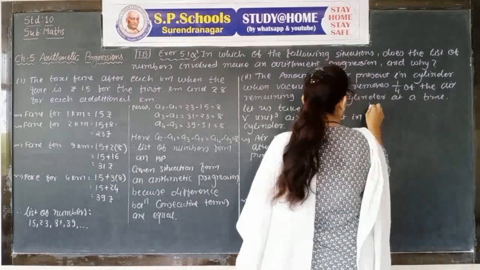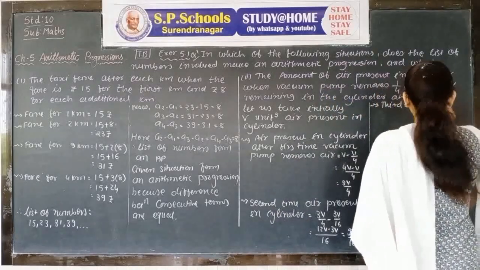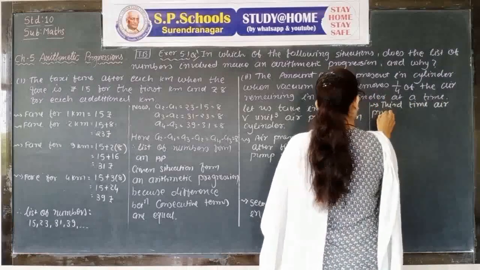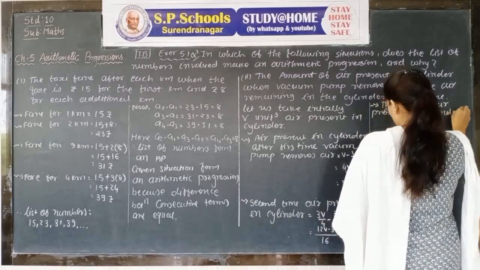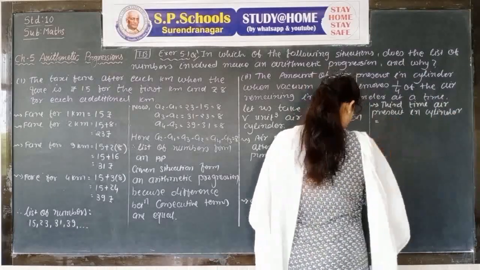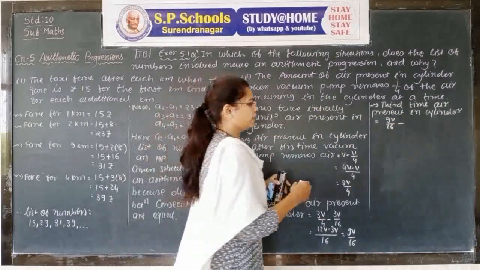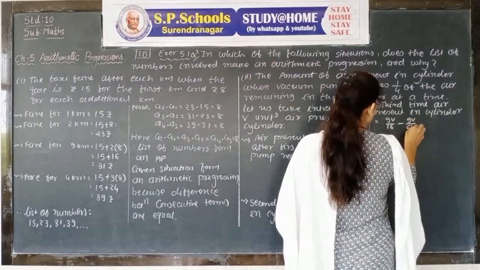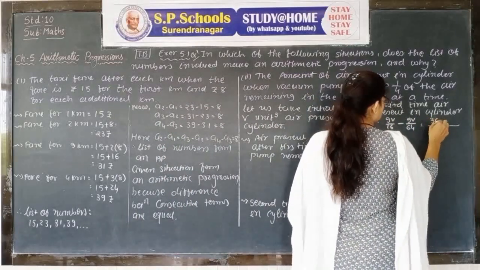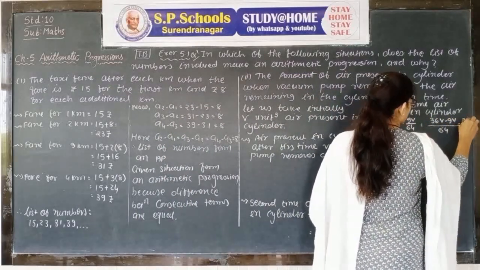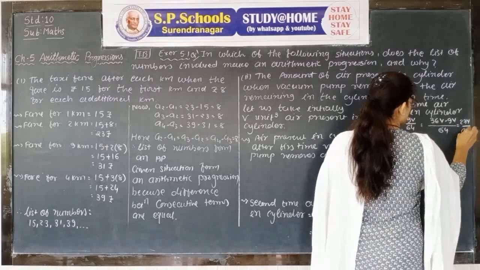The same way, third time air present in the cylinder is equal to 9V upon 16 is present, but we subtract its fourth part, 9V upon 64. 64 is LCM. 36V minus 9V is equal to 27V upon 64.